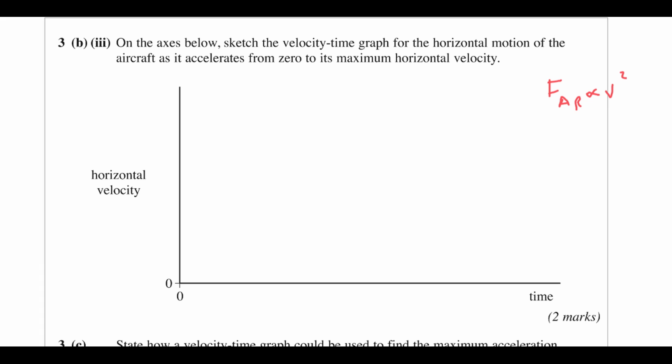It's going to look very much like your terminal velocity graph for an object under free fall. Initially we've got quite a steep gradient indicating that the velocity increases quickly, but then the rate at which velocity increases, or the acceleration, decreases over time to 0, and it ends up at constant horizontal velocity when the two forces are balanced.